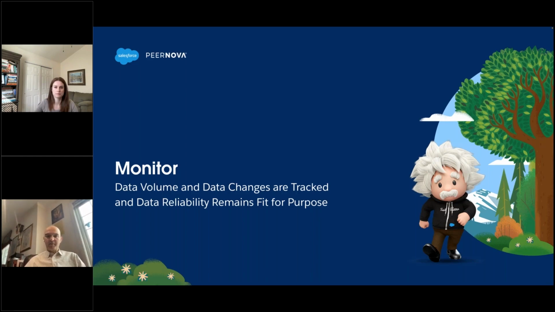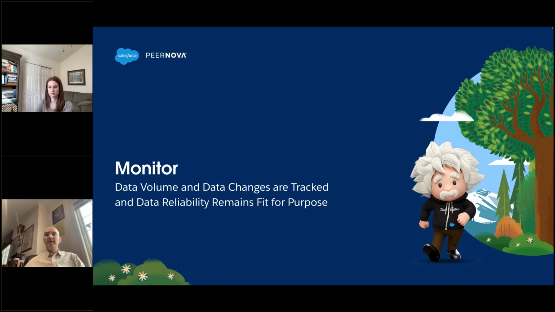However, there is one other consideration, one other best practice we believe everyone should be aware of: whether you have multiple orgs or multiple data sources, data is always changing. Configurations are always changing.